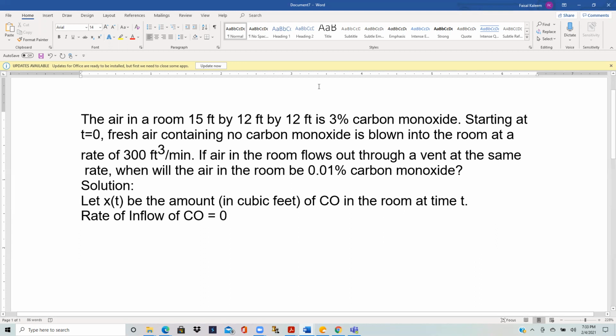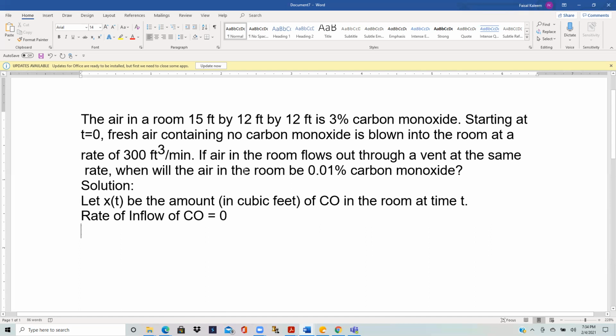Those of you who don't know chemistry, I'm pretty sure you know enough to know that CO is the formula for carbon monoxide. So the rate of inflow is 0. Now the outflow: the air is blowing into the room at 300 cubic feet per minute, and it goes out at the same rate.